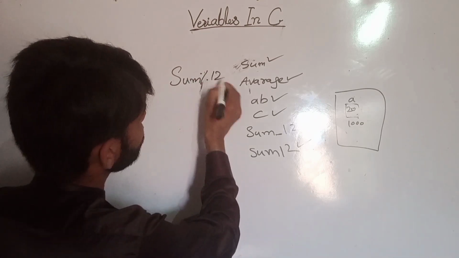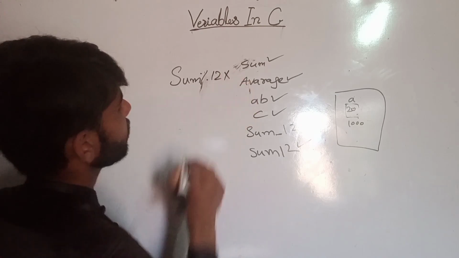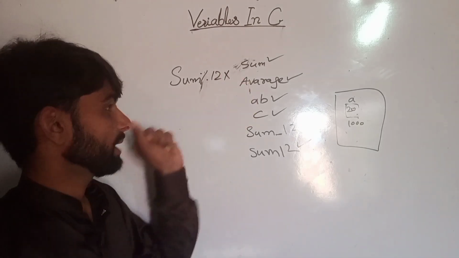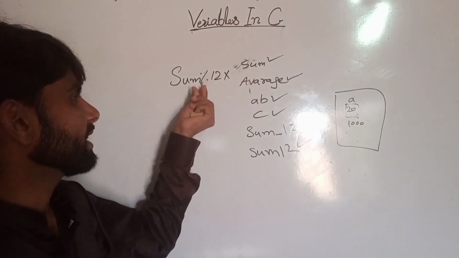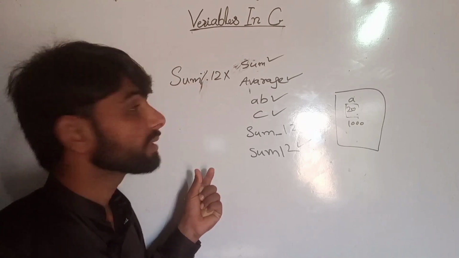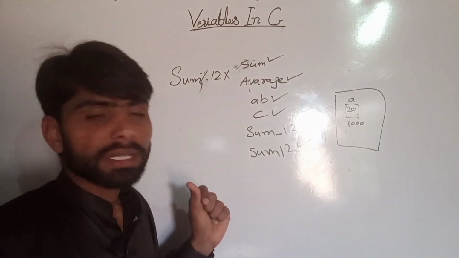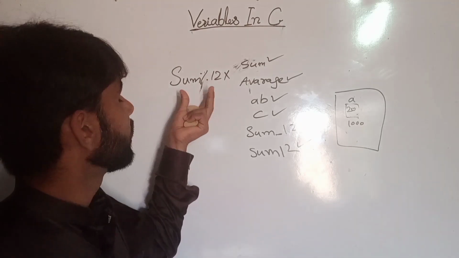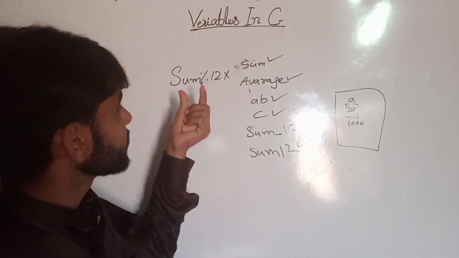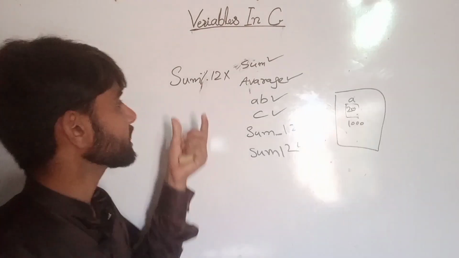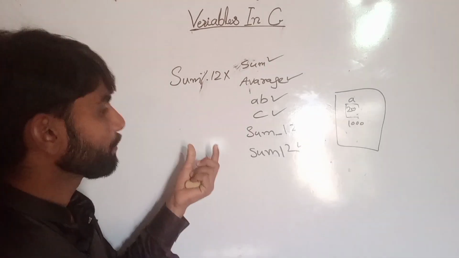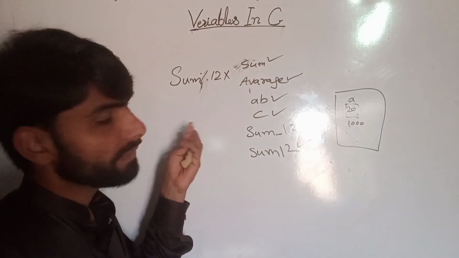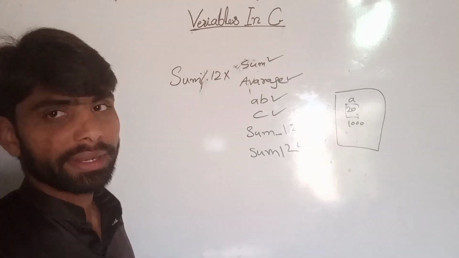If we write sum percentage 12, this is a wrong variable, right? Because we cannot use any special characters in our variables. So that's why this is an invalid variable, and it will give you an error. Any special character used in a variable will give you an error, right?